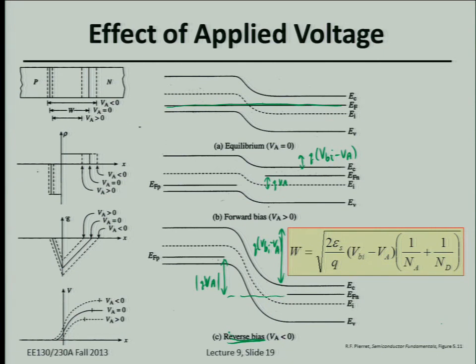Oh, yeah, what I wanted to say was, when you apply forward bias, we're going to talk about non-ideal effects in a couple of weeks. It is never practically possible to completely eliminate that potential barrier.